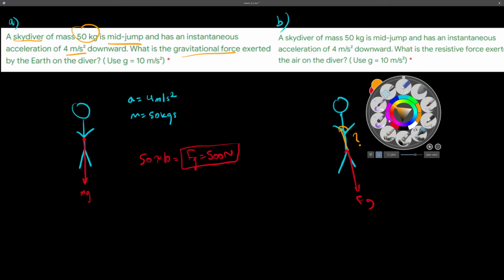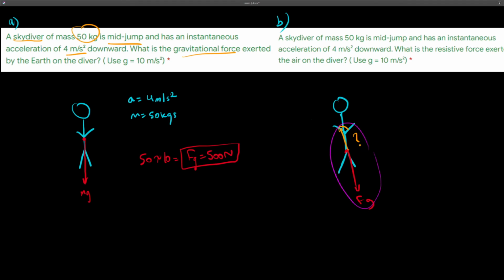Whenever we have multiple forces, we don't know the F net, so we should write these forces in F net. The F net here is equal to the force downwards, which is 500, so it's negative. So X is this force, minus 500, and this is our F net.